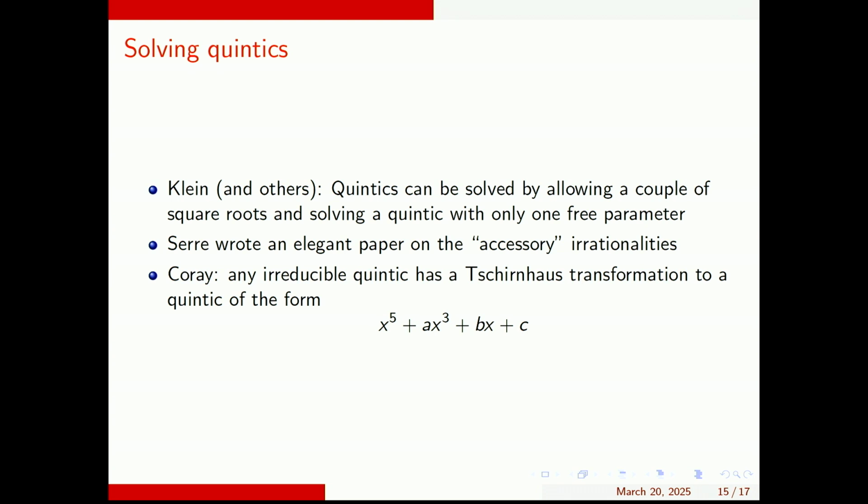And everybody kind of knows about the Bring-Girard form, which reduces to x to the fifth plus ax plus b. Well, that requires some square roots along the way. Oh, and by the way, I would call that one parameter because by scaling, you can make them equal. Similarly, I would call this 2 parameters by scaling.